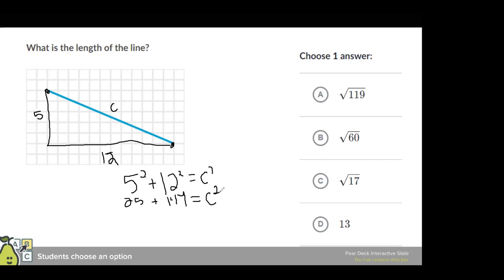What's 25 plus 144? 169. Is that a perfect square? Sure is. What's the square root of 169? Good, 13, which is our answer right here.